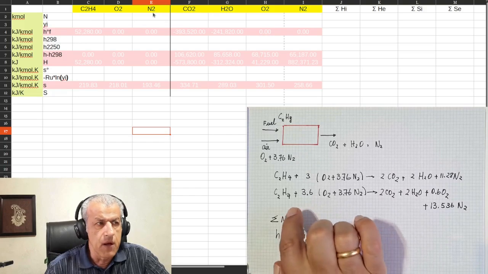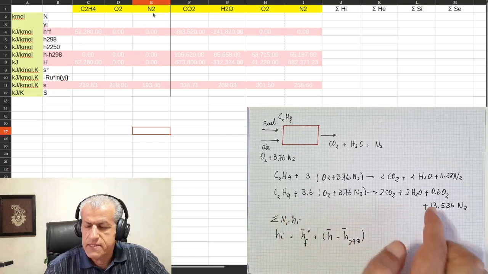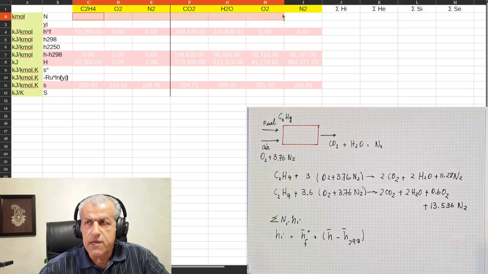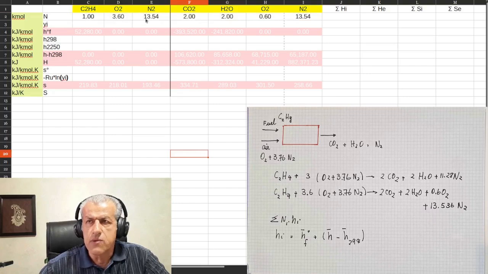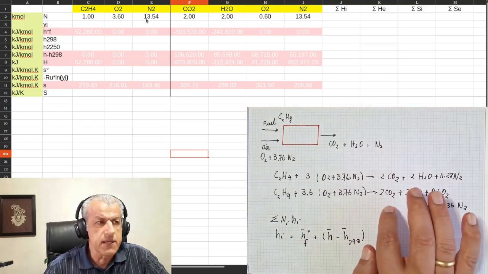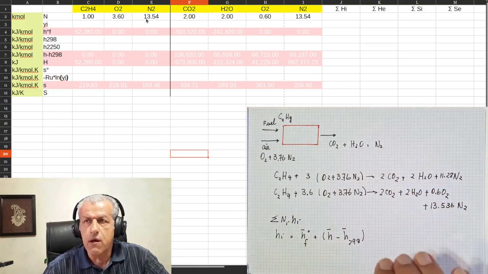I mean, all the different elements are represented here, and their number of kilomoles for each of them is just the same as what we had in our equation, and therefore we have it all.